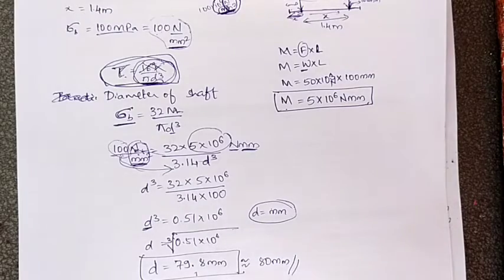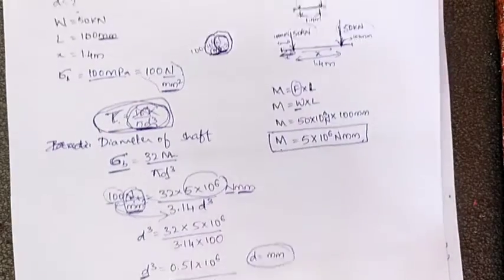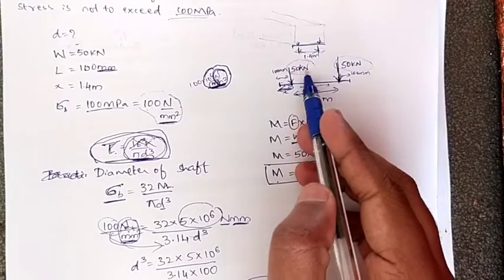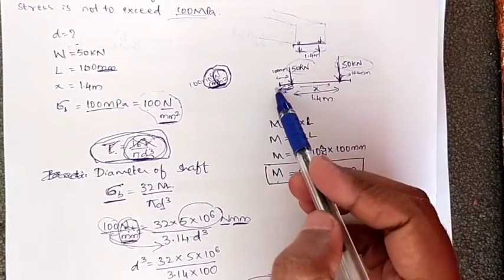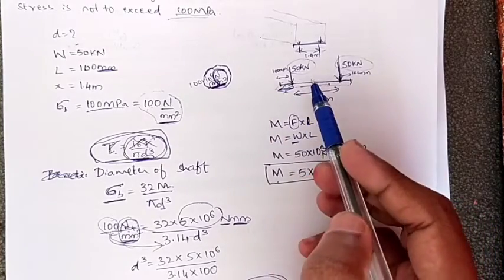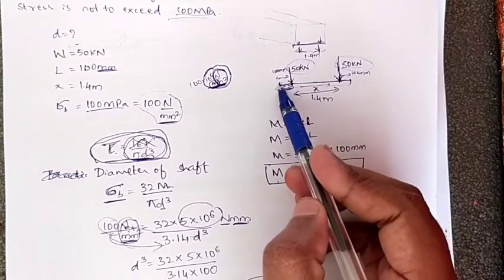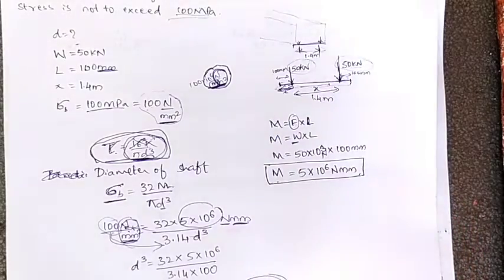When a railway wagon carries a load of 15 kilonewton on each axle box, acting at a distance of 100 millimeter outside the wheelbase, and the gauge length of the rail is 1.4 meter, the diameter of the shaft should be 80 mm.